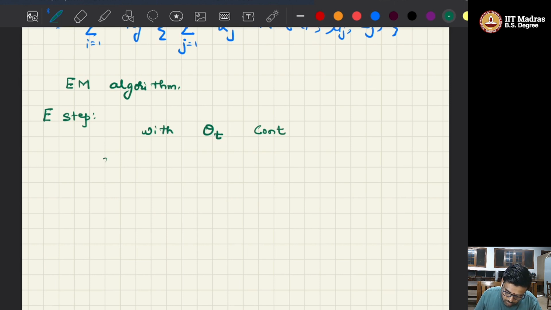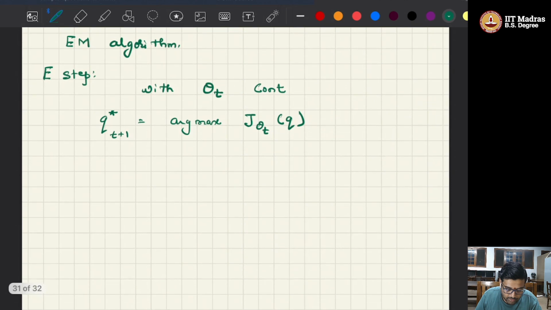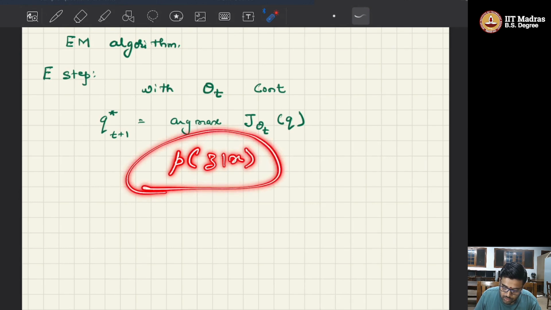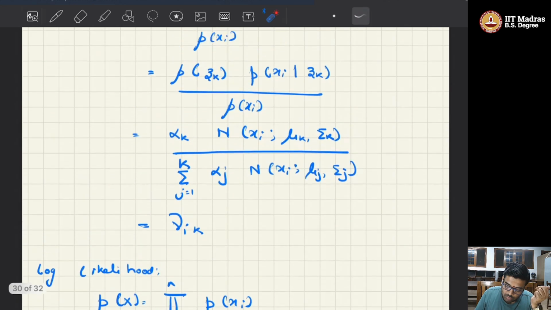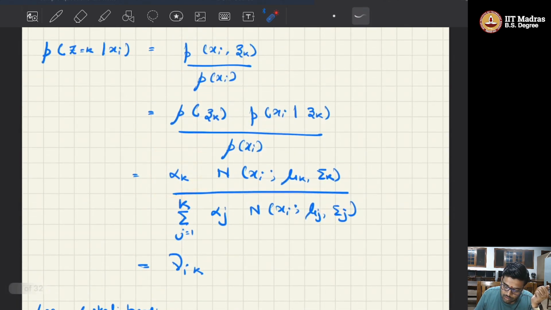Then I'll get theta at t plus 1, which is the argmax of J of q. This is my E step. Now what is this? This is nothing but p of z given x. That means that in each step, you will be finding this value by keeping the mixing coefficient, mu k and sigma k as constant for all the cases.